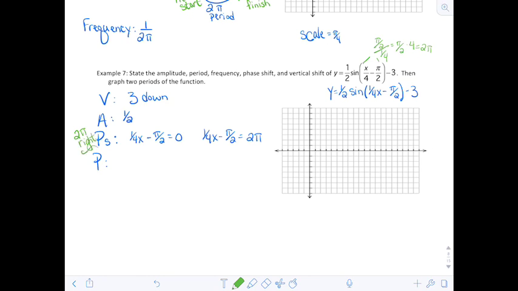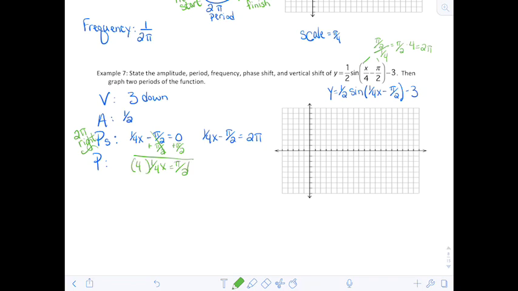Now look what happens, and this always happens. When I solve 1/4 x minus pi over 2 equal to 0, this will turn out to be the same as my phase shift, because phase shift is how far we're moving from 0. So I'm going to add pi over 2. So 1/4 x equals pi over 2.